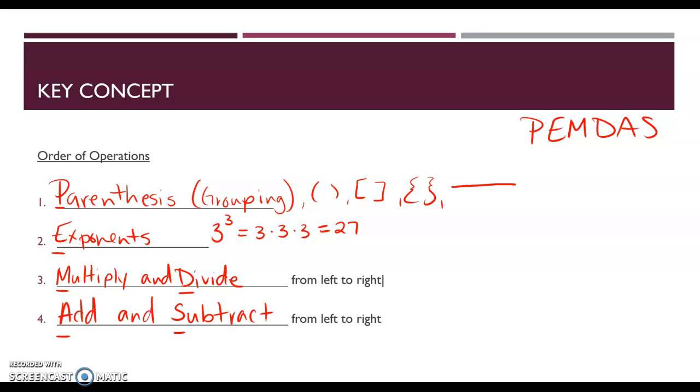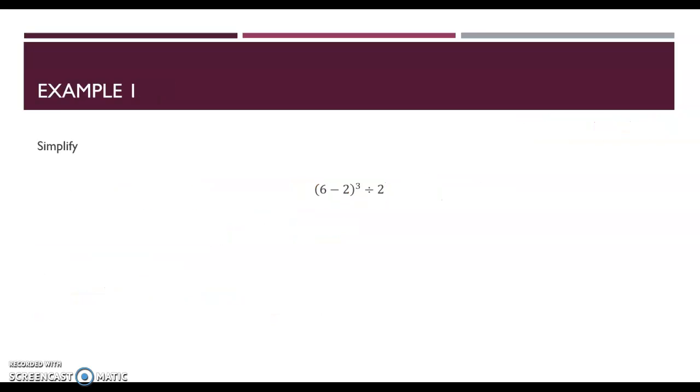So we're going to get into some examples here. When we talk about this, we're either going to call it evaluate or simplify. Either one, it means the same thing. And so again, using our PEMDAS, I'm going to start looking for parentheses, and I'm going to do the operation within the parentheses.